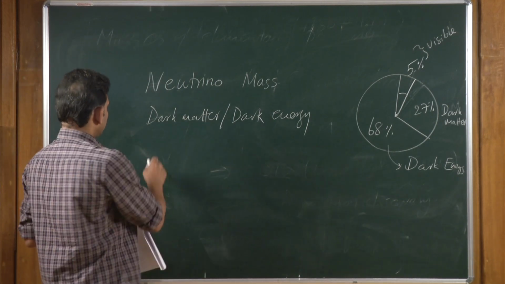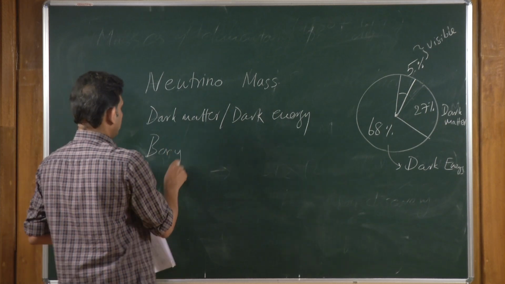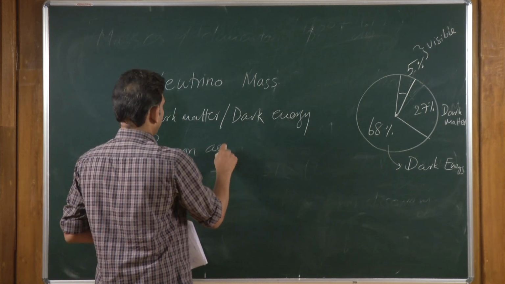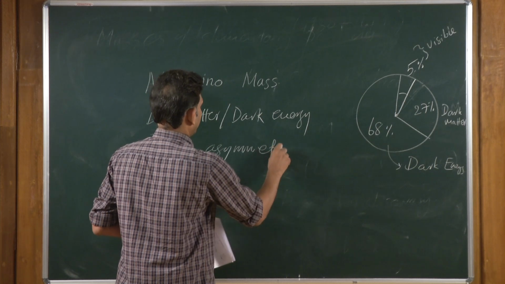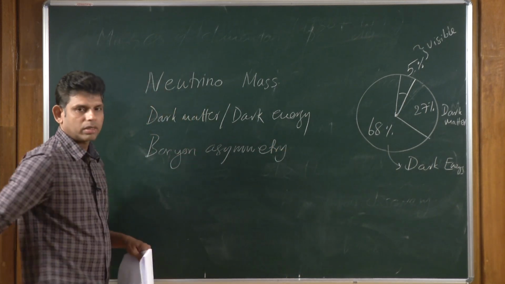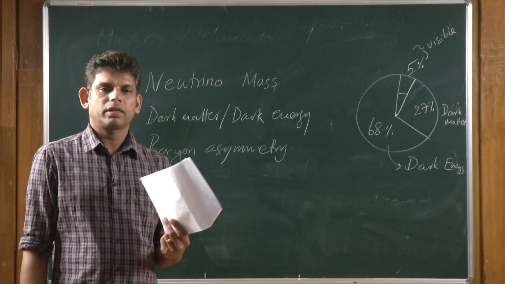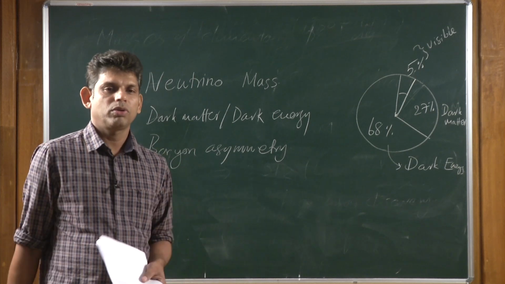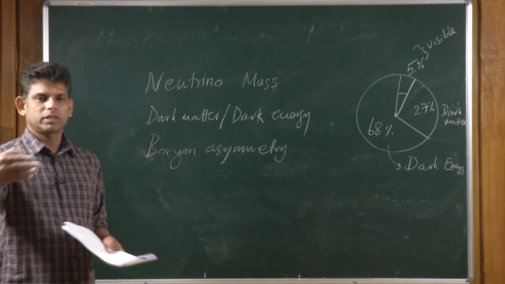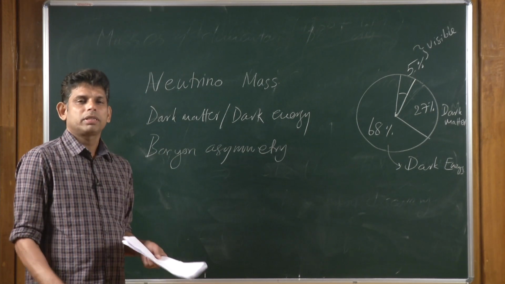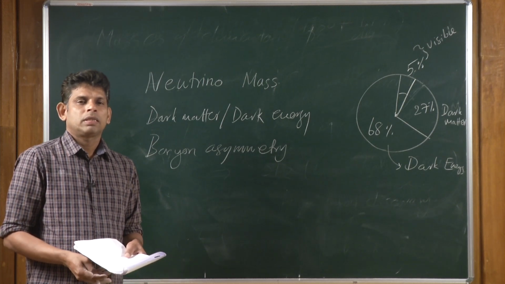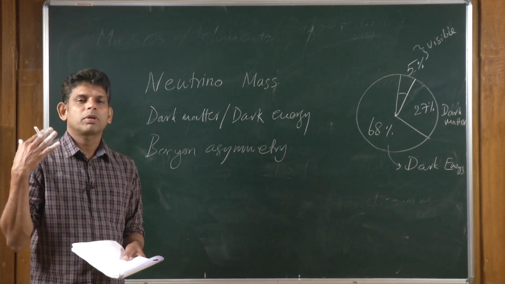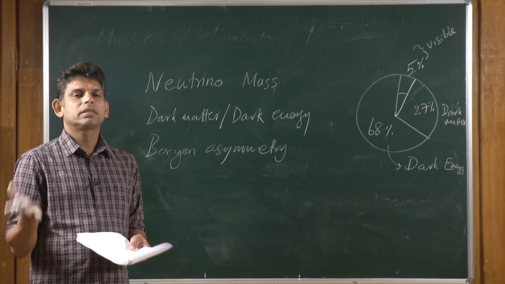And there is also the other question of baryon asymmetry, which is in a sense like there are matter and antimatter, like electrons and protons. Those of you who do not know, do not worry about it, we will describe it later. Basically there is a large number of particles against antiparticles.